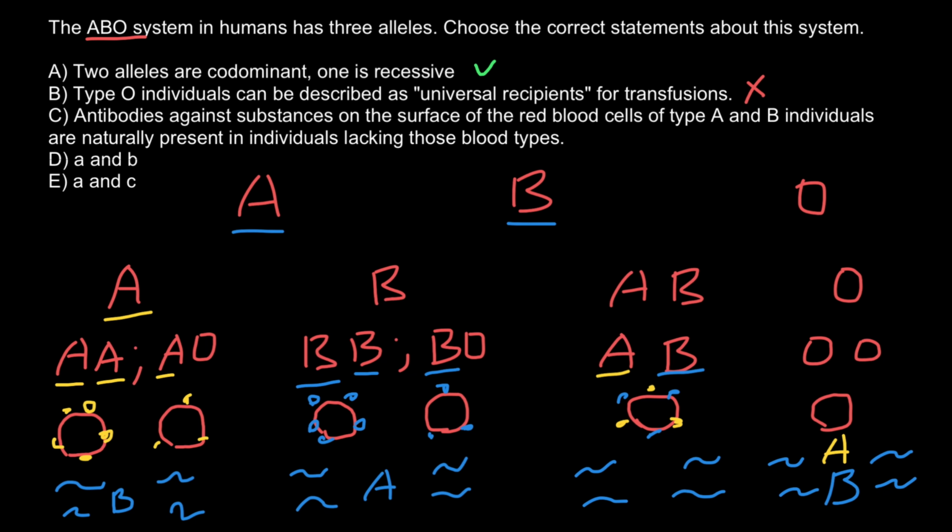This is just another way to say that blood group O, which doesn't have these antigens, antigen A and B, on the surface of the red blood cells, would naturally have antibodies A and B in the blood serum, and this is correct statement. We have two correct statements, A and C. Hence, the correct answer is going to be answer E. Both A and C are correct statements.